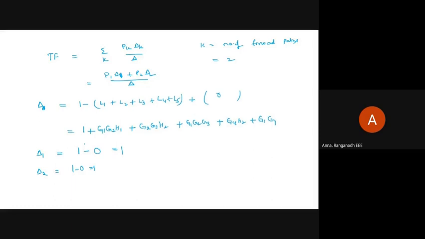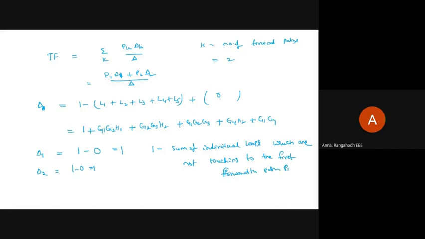So I am writing the definition one more time. Delta 1 is nothing but 1 minus the sum of individual loops which are not touching the first forward path, T1.